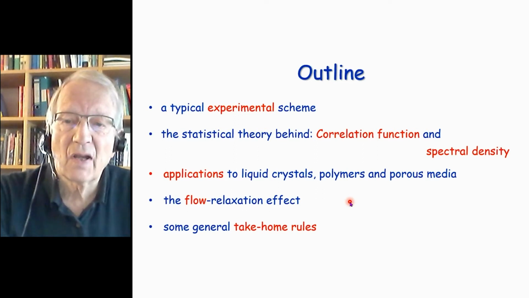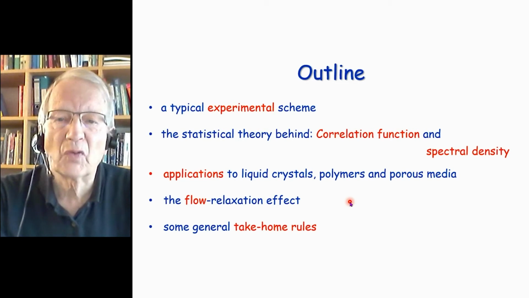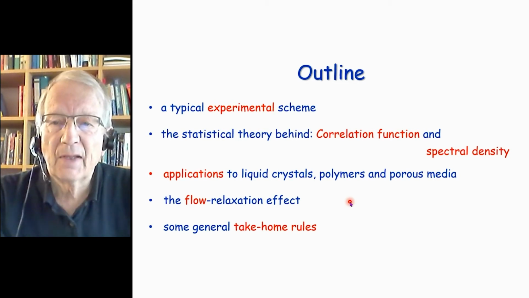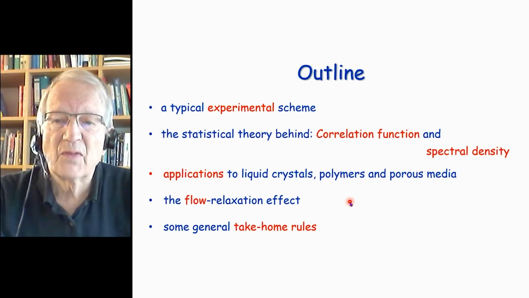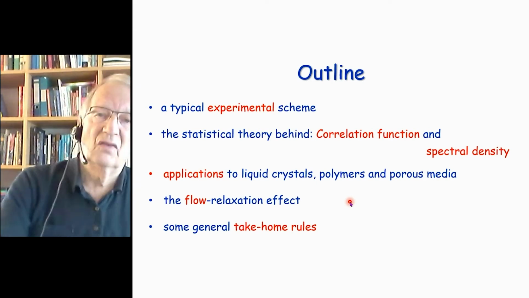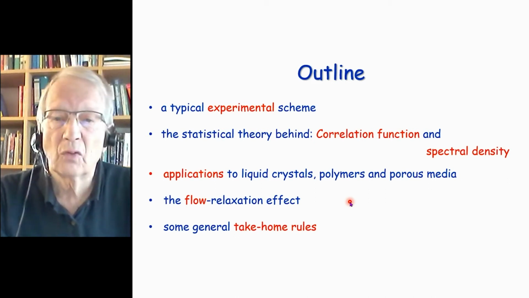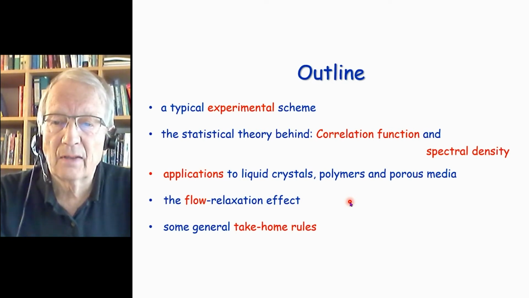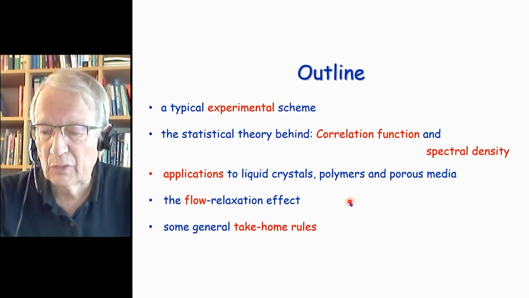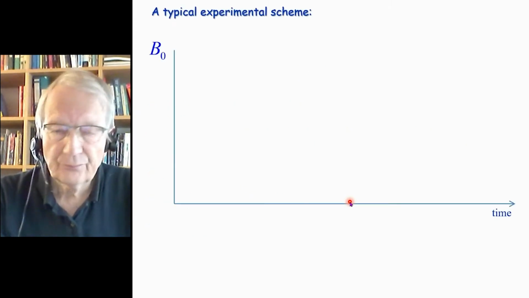As applications, I'm going to discuss liquid crystals, polymers, and porous media. And finally, I will outline the so-called flow relaxation effects. That's the superposition of hydrodynamic flow and ordinary Brownian motions. And at the end, I'll give some take-home rules which might be useful for interested people.